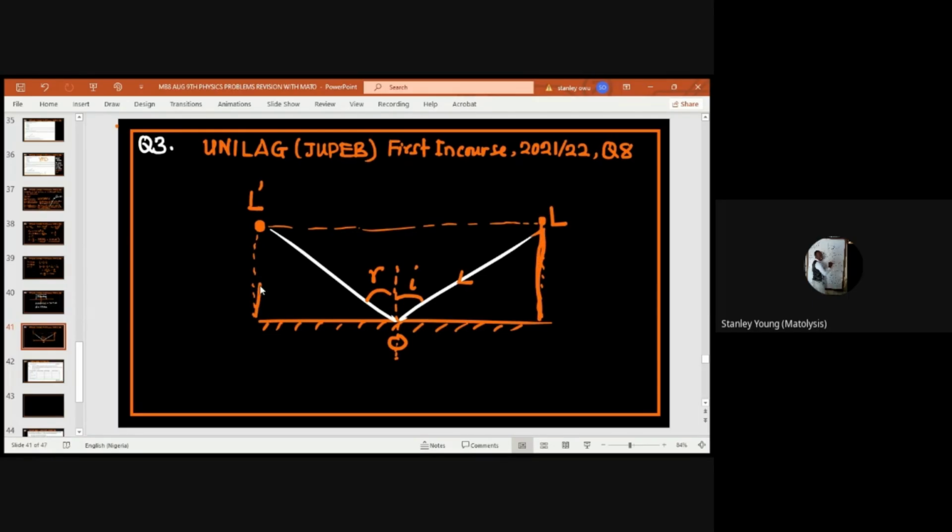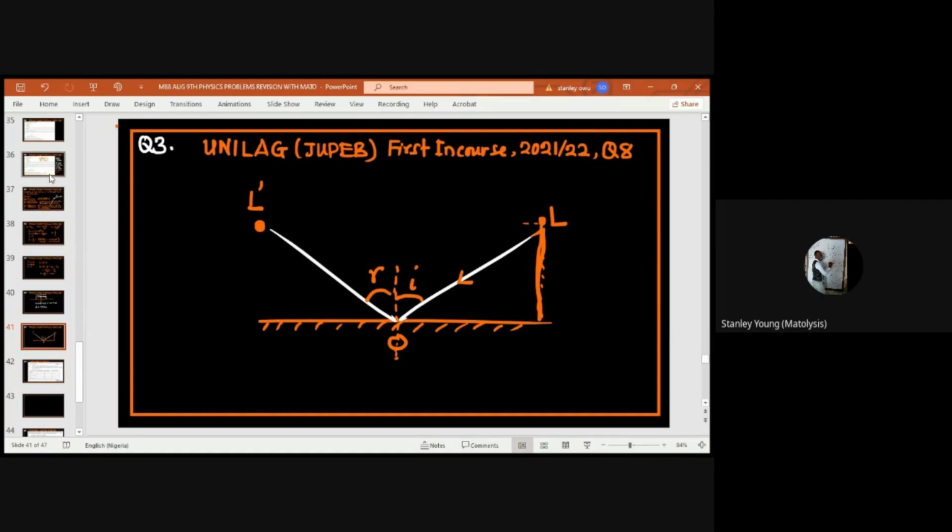The point of coincidence tells us where the image is. But you don't have to go through that stress. The question just wants a sketch from you. Use a dot to represent the position of the image, and use L prime to denote the image. That's the instruction from the question.